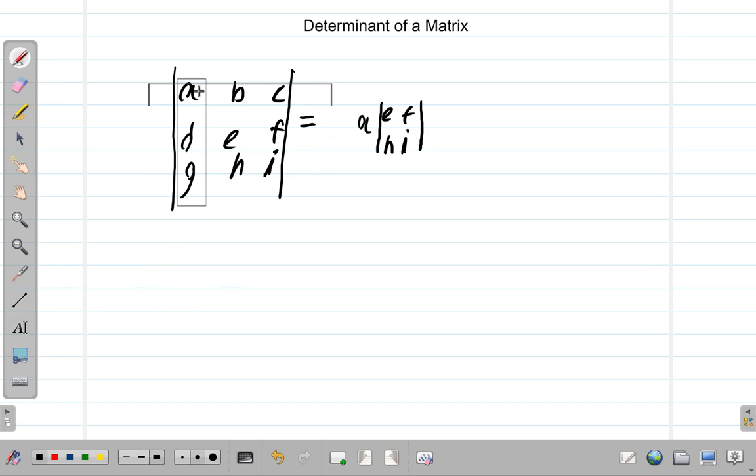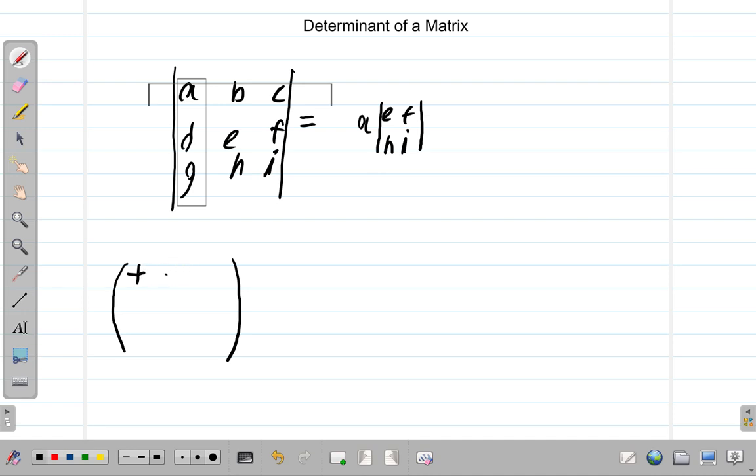Now, as for the signs, to remember what the signs are, you have this matrix. In the upper left, you have a plus. Then you will never have another plus beside a plus, or below it, or above it. You will never have a minus beside a minus, or above it, or below it. Beside, below or above a plus, you always have a minus.